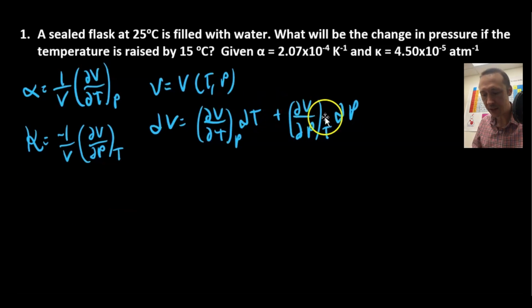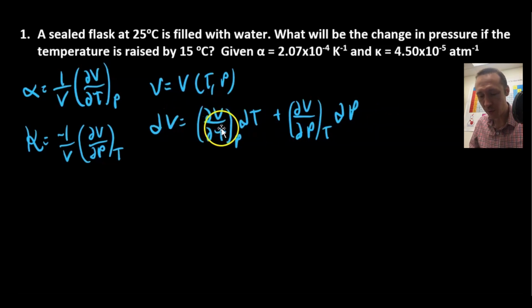I'm not going to get into why this is true, because we're just working through practice problems, but you can think of these as the slope with respect to temperature and the slope with respect to pressure. On a 3D graph of V plotted against T and P, these slopes times the change in each variable would equal the change in the volume. Sorry if that was too much.